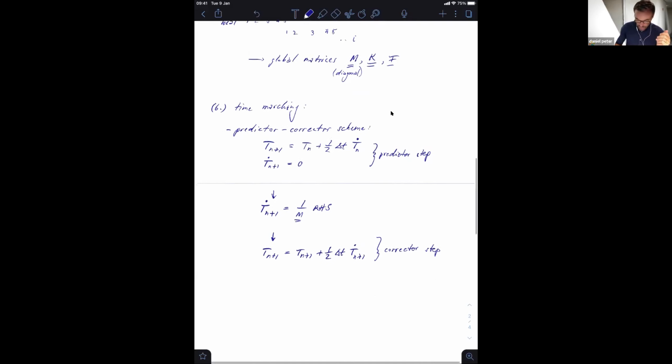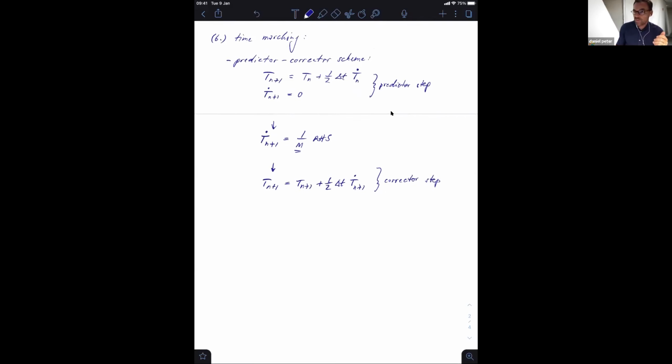So the choice of the time scheme could be made different as well. We don't necessarily need a predictor corrector scheme like the one we use here. We could just use, for example, a finite difference central scheme to approximate the time stepping and then write it down that way. So that makes the schemes then a bit more tricky to evaluate, because now we might have a different degree of accuracy for the time scheme than the spatial scheme.